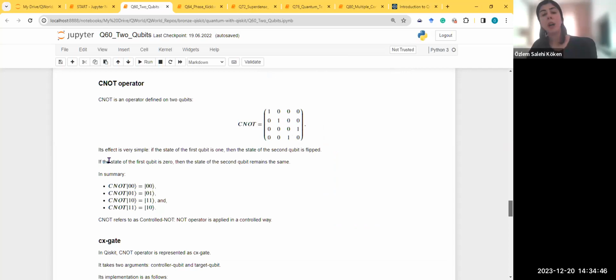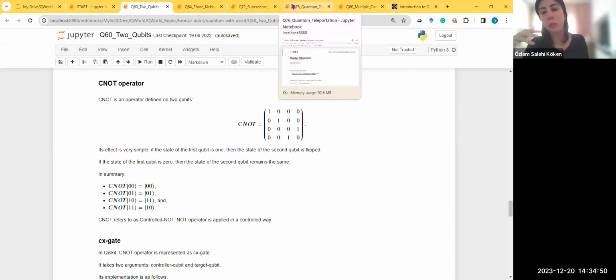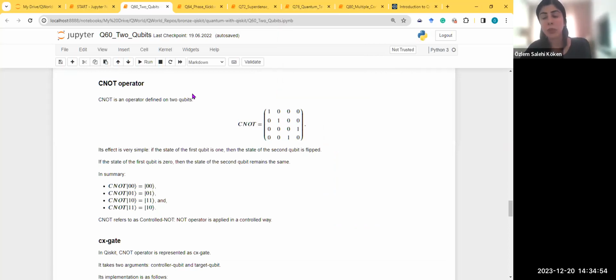Okay. Let's move on to CNOT. This is one of the most important operators you are going to learn about. And this is an operator which is applied on two qubits. So unlike H and X, which you have seen so far, this is different. And this is the matrix representation for the CNOT operator.